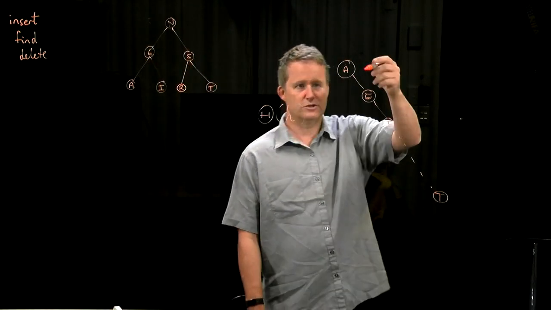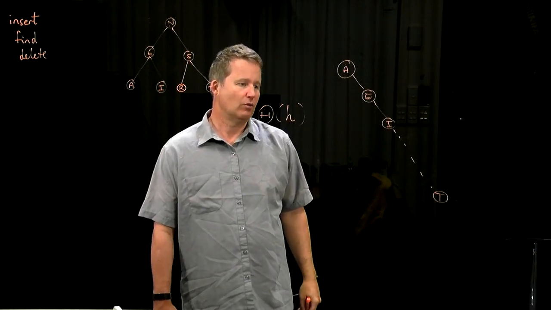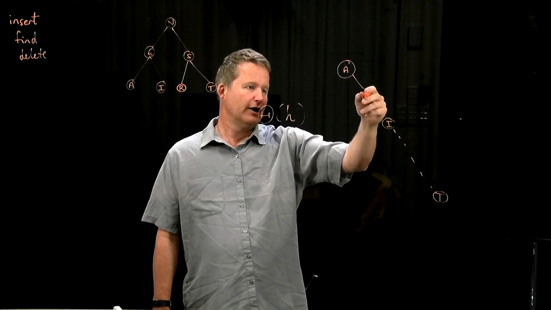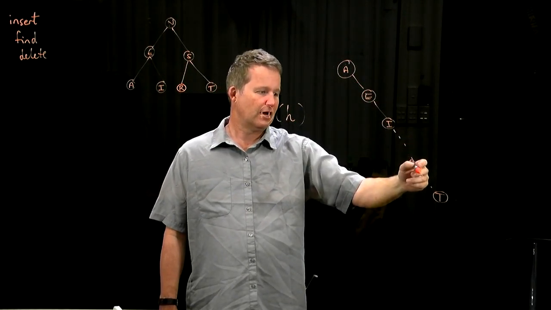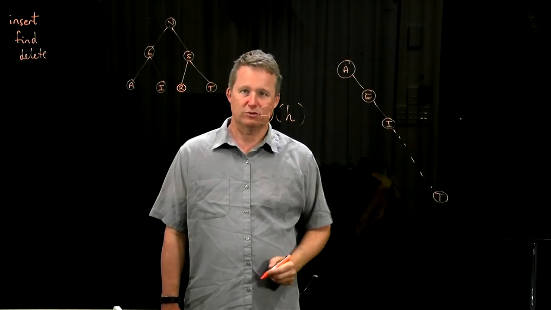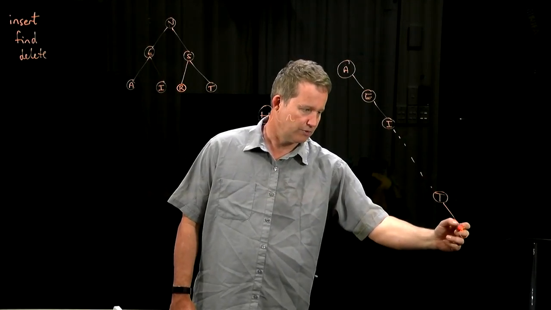In this case, suppose I want to add something here, any letter that's not one of the 7 that I chose before. A, E, I, N, R, S, T is the tree. If I get to the bottom of the tree, suppose it was a Z, it would just go there.